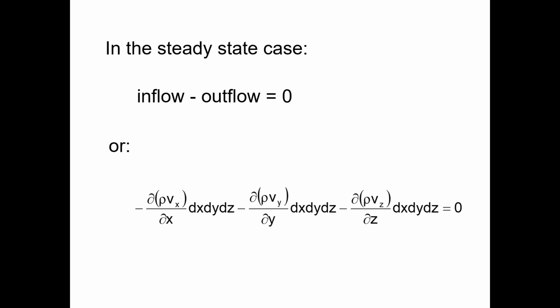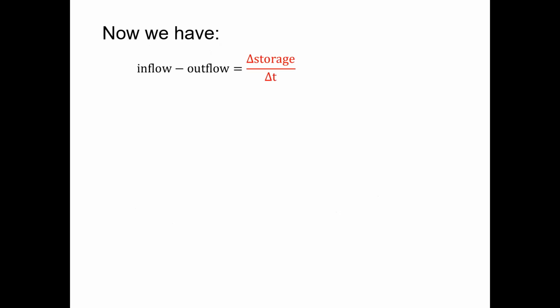And at this point, when we were doing our initial derivation, we just divided by dx dy dz and called it good. Well, now, instead of having 0 on the right-hand side, we have inflow minus outflow equals the change in storage over time.